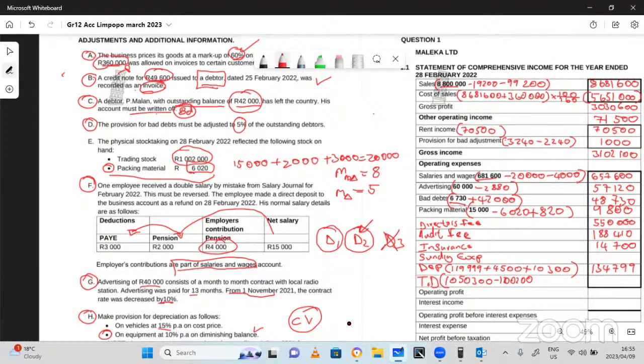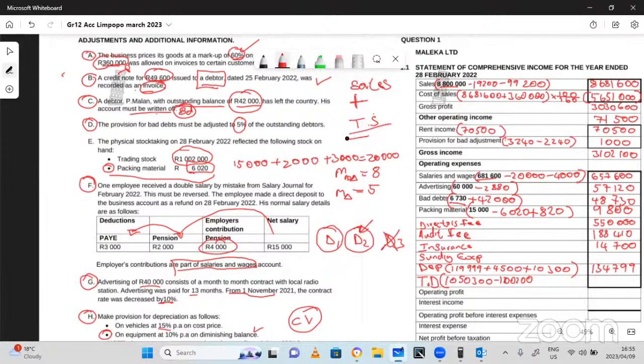Are we together? Remember, if that transaction is affecting the sales positively, if the sales are increasing, you have to take note. If the sales are increasing, that means the trading stock is decreasing because we are selling the trading stock.